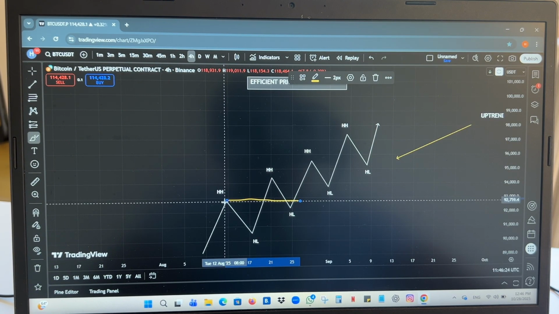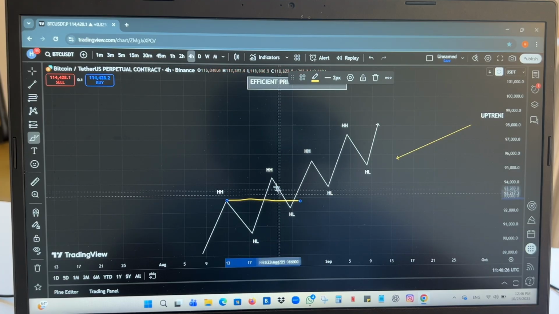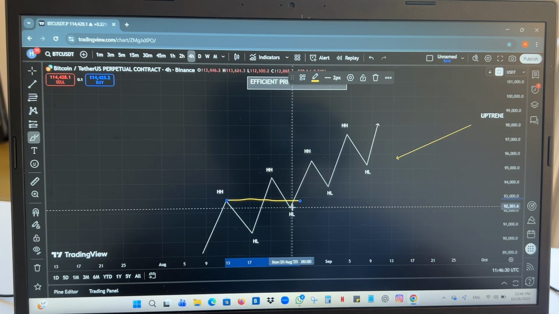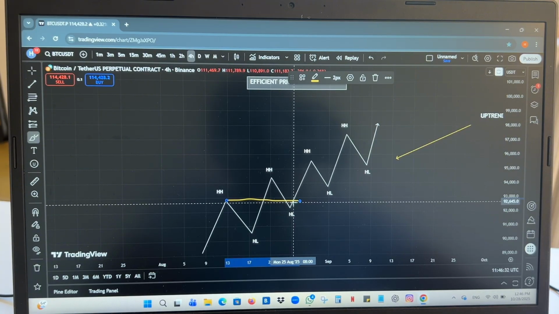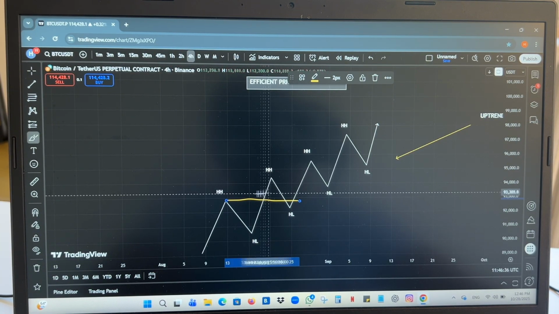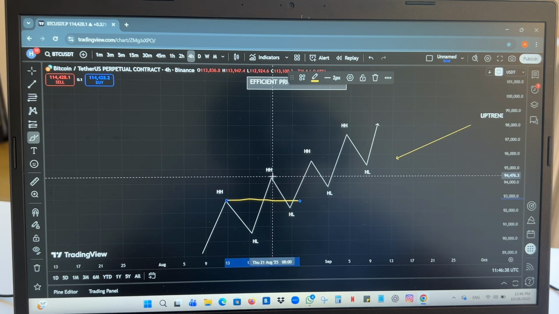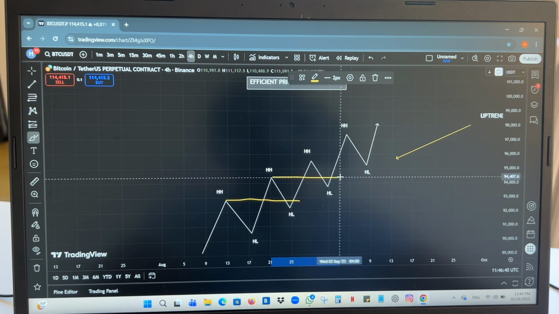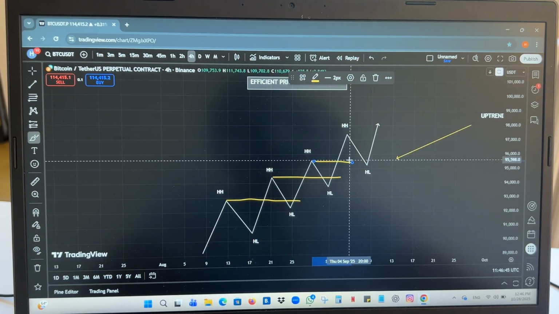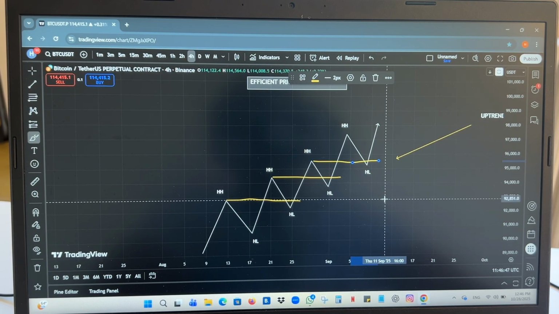At some point, after making the second high, the market is going to make a higher low. Wait for that higher low, and after it's done, draw these lines from the high highs themselves. Then you can see what the market is doing.